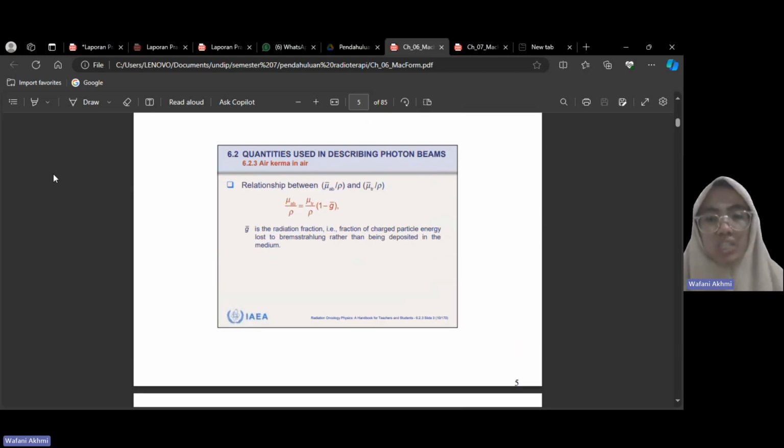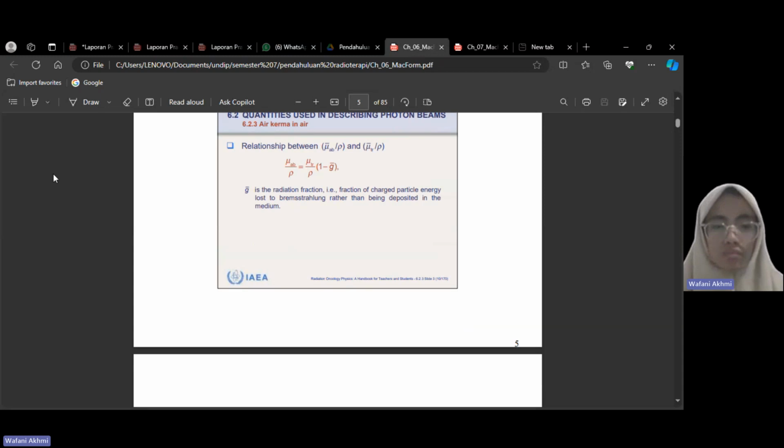The relationship between mu en over rho and mu tr over rho is: mu en divided by rho is equal to mu tr divided by rho multiplied by 1 minus g. g is the radiation fraction, the fraction of charged particle energy lost to Bremsstrahlung rather than being deposited in the medium.